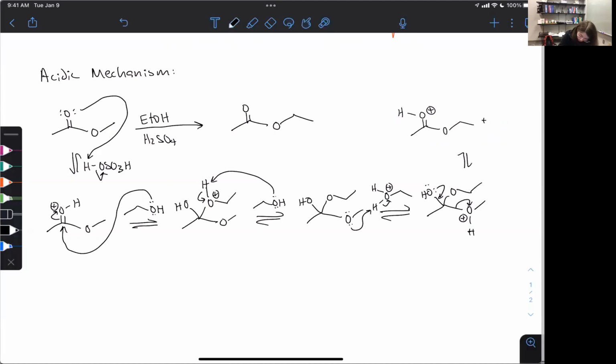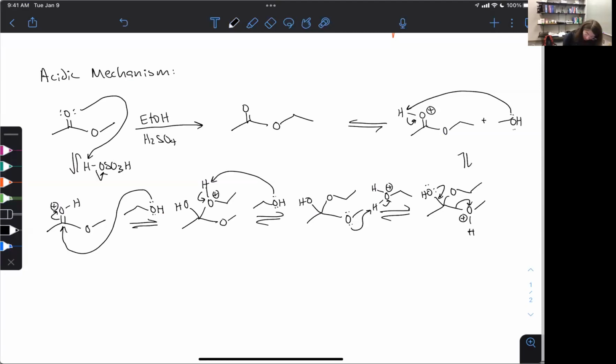Okay, so this has made us methanol as a byproduct here. And then we can just use that methanol to deprotonate your H. You can also use the ethanol. It doesn't really matter. One of them is going to do it. And then that's going to get us to our final product.